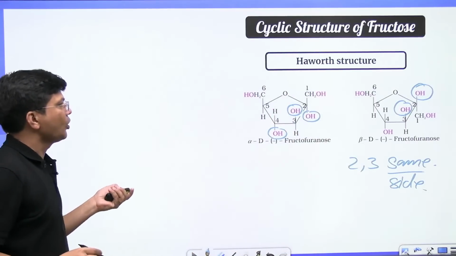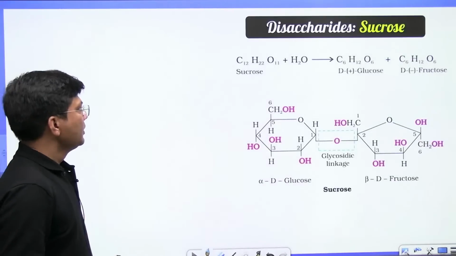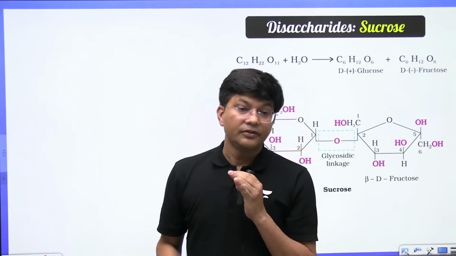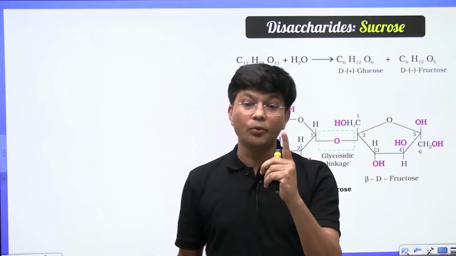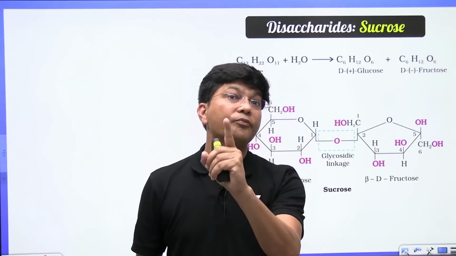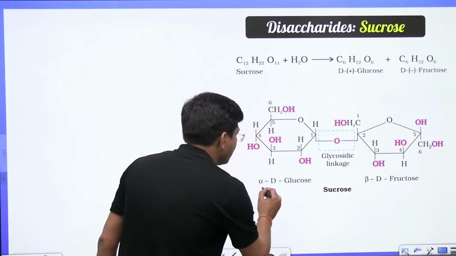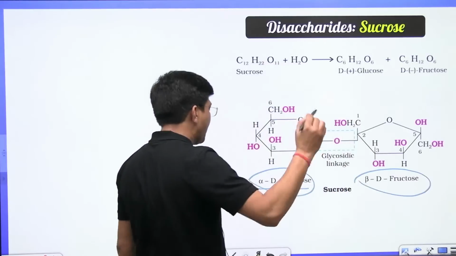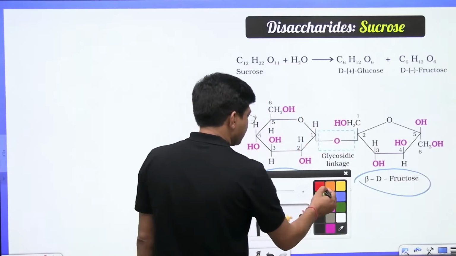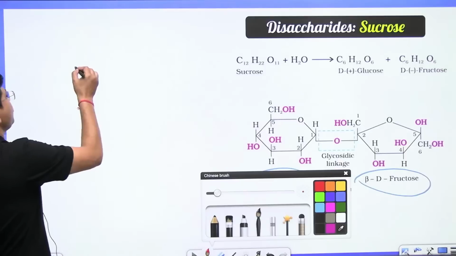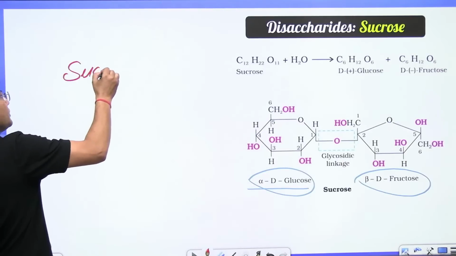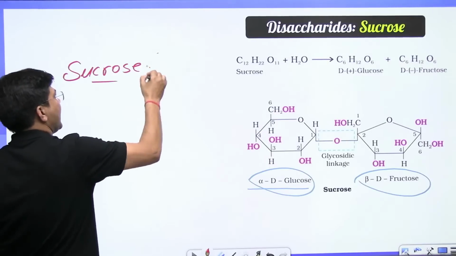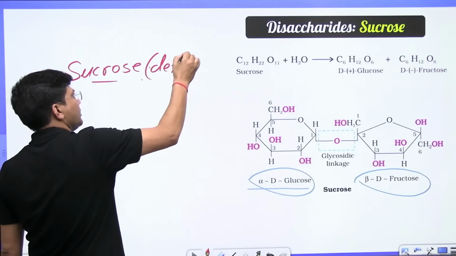Now see, if I am talking about sucrose, everyone knows that sucrose is made up of 1 mole of alpha-D-glucose and 1 mole of beta-D-fructose. So remember the most important point: sucrose is actually dextrorotatory.